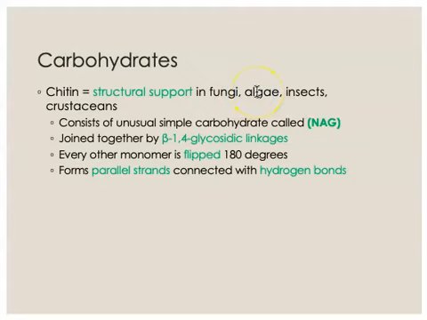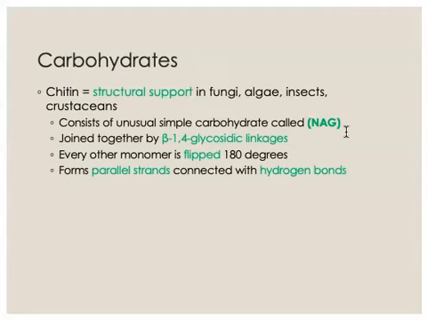Chitin is an unusual molecule. It is not made out of glucose. Instead, it's made out of a simple carbohydrate, a monosaccharide, called NAG. Now, this is an abbreviation, but we don't need to know the entire name of this molecule. Everyone refers to it as NAG, so we will as well.